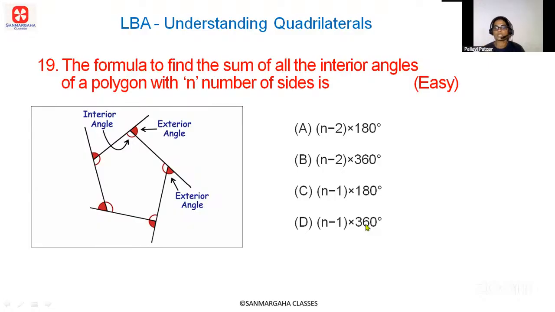Okay. So here any polygon with n sides can be divided into n minus 2 non-overlapping triangles by drawing diagonals from a single vertex. Okay, so polygons with n number of sides.